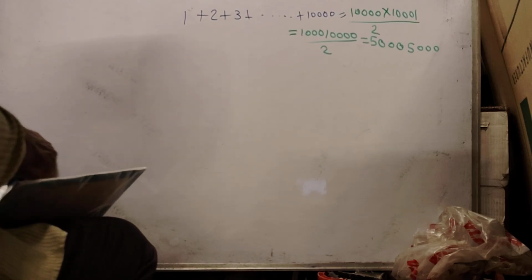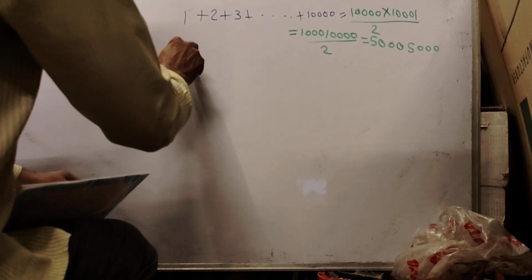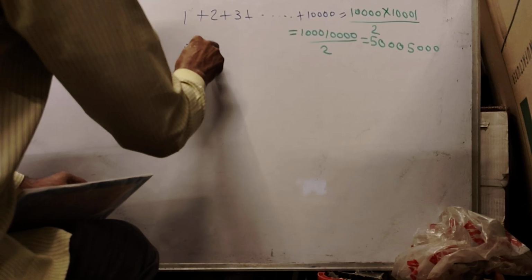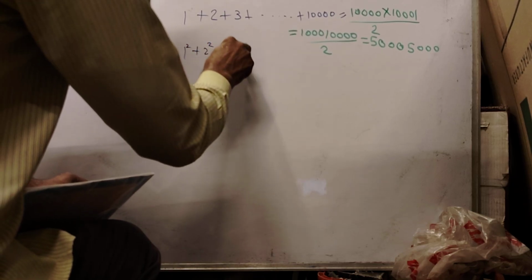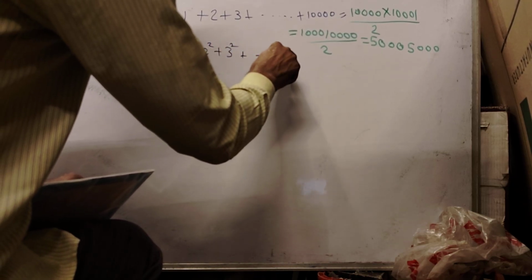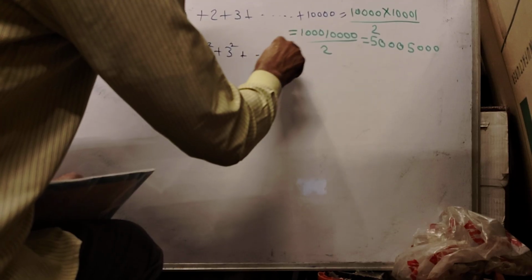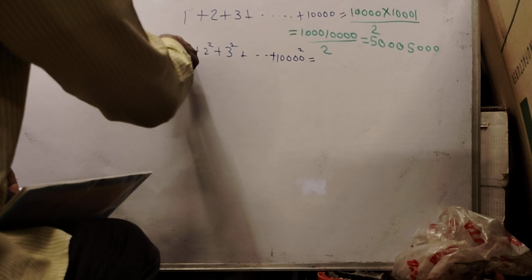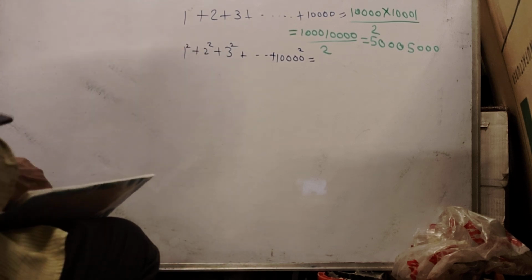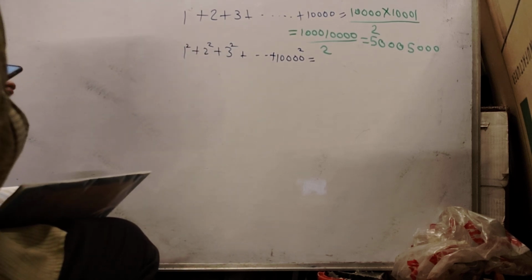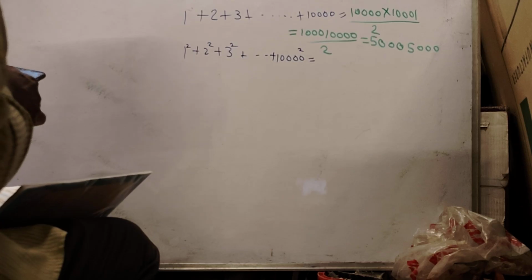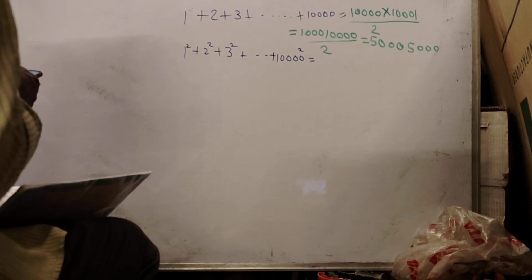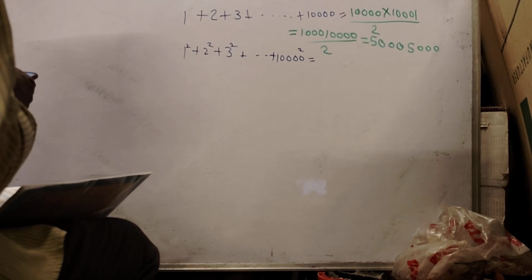Now can you find out the sum of this square series? 1 square plus 2 square plus 3 square and till 10,000 square. Power 2 is called square. So can you calculate using the above formula?